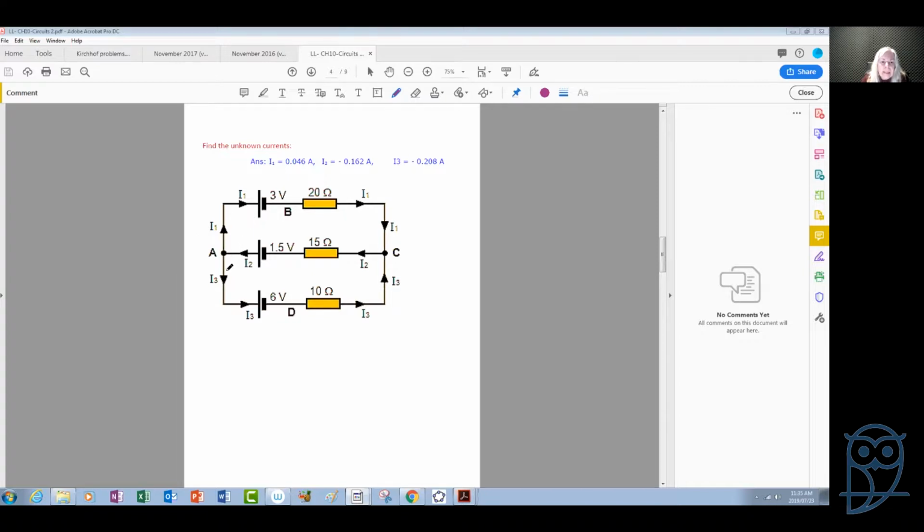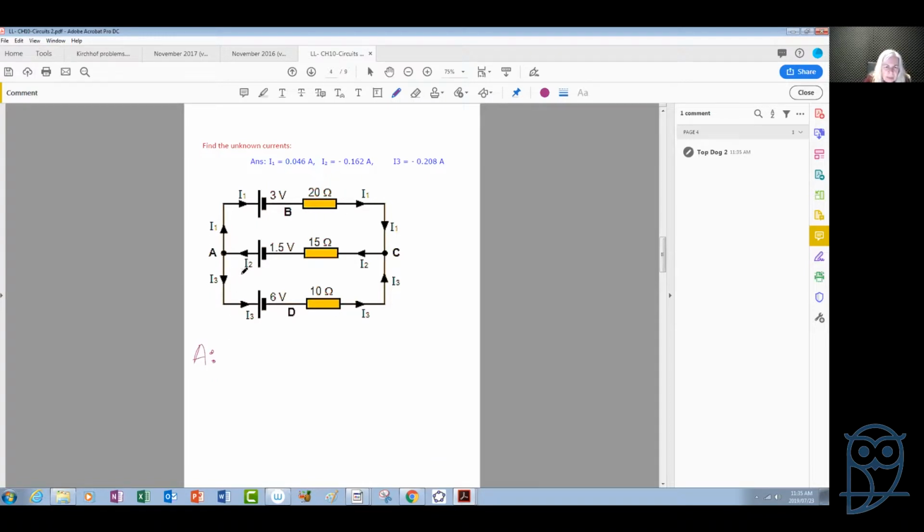All right. The easiest equations we can write is when we apply the first rule, the junction rule. Let's take point A, for example. Let's apply there the junction rule, where all the currents in must equal all the currents out of this junction.